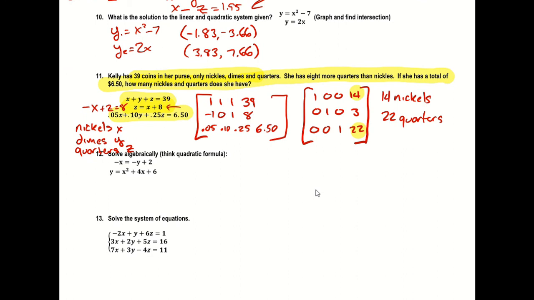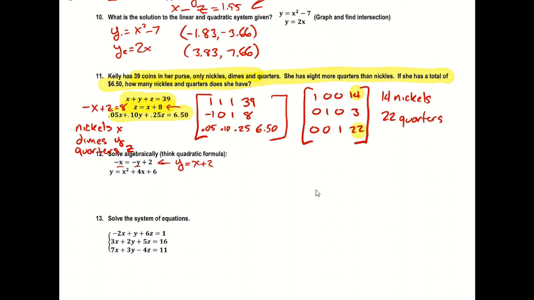Number 12, solve algebraically, think quadratic formula. So quadratic formula, we need to get rid of our y. So we're going to take this first equation and we're going to rewrite it as y equals x plus 2. And all I did was I added x to both sides, I added y to both sides.